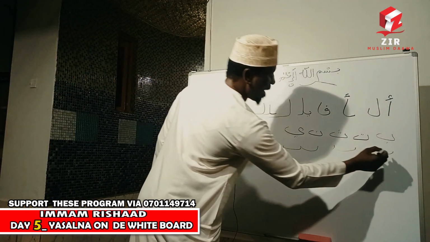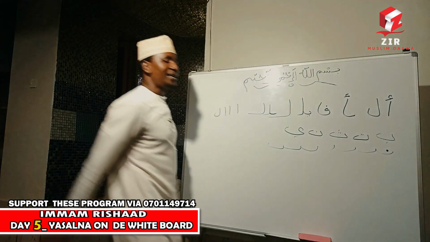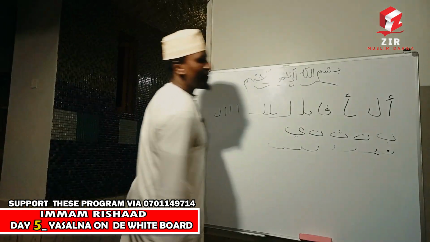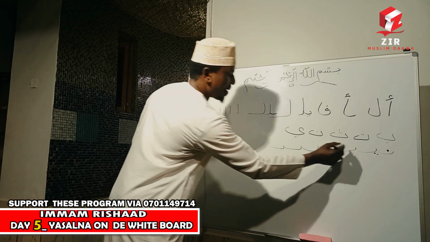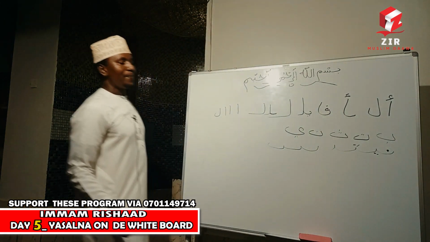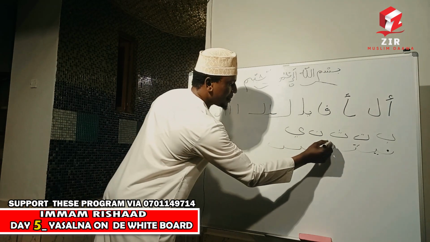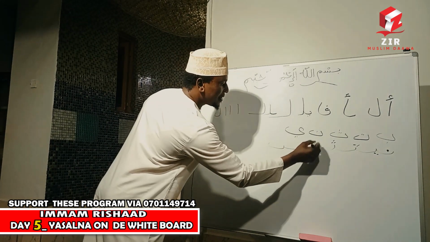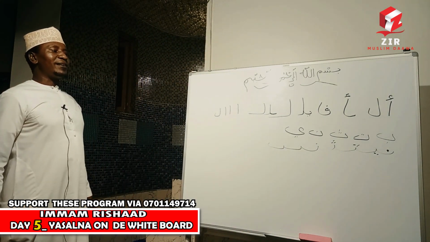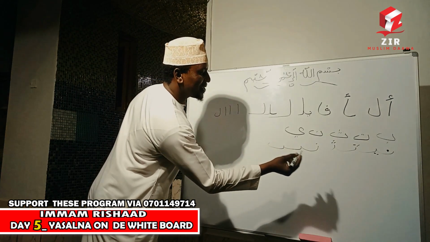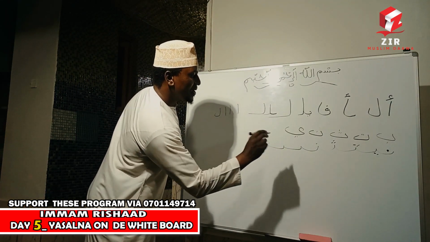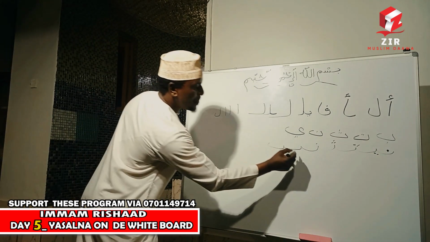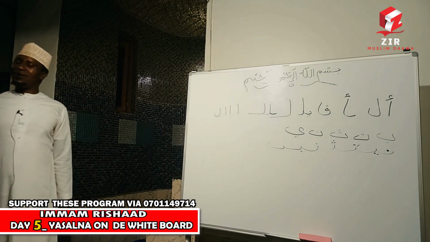If it is put up one like this, automatically that is Nun. They put 2 down, that is Ya'u. They put 2 up, that is ta'u. They put 3 up, that is tha'u. They put 1 down, that is ba'u.